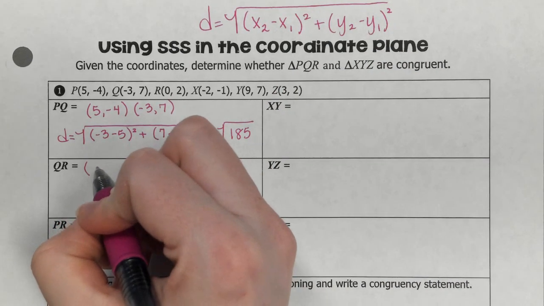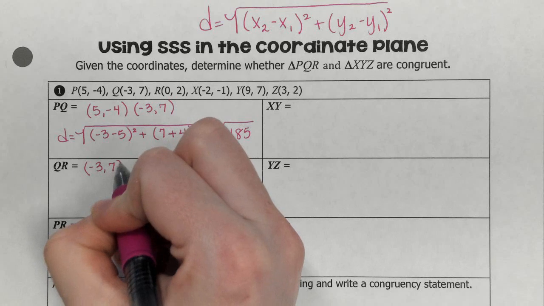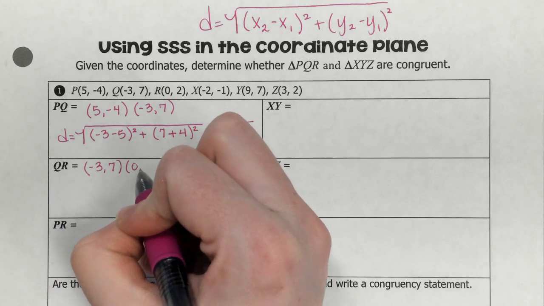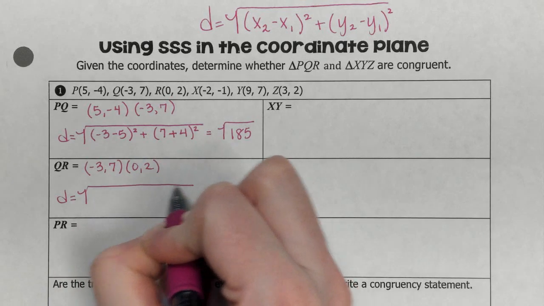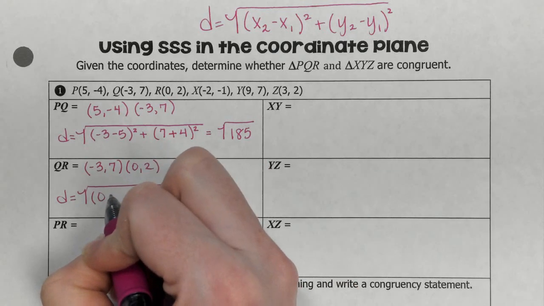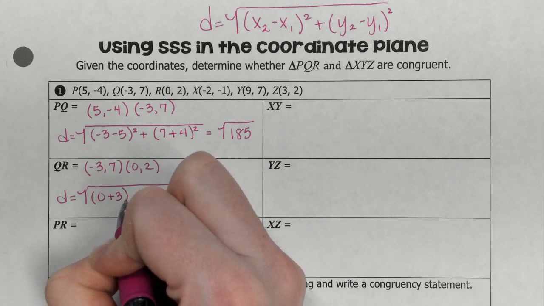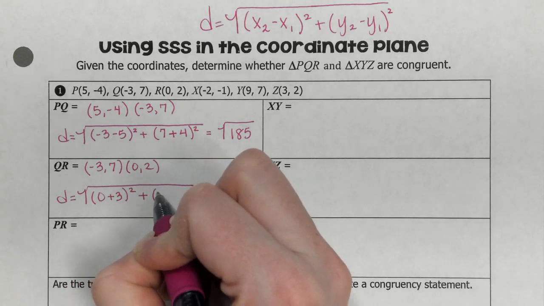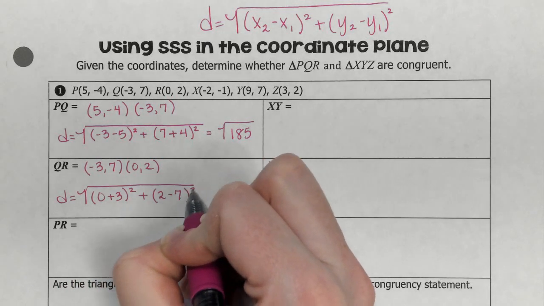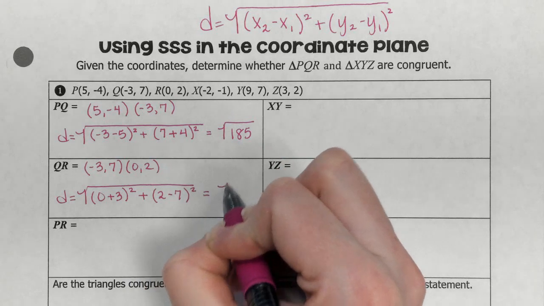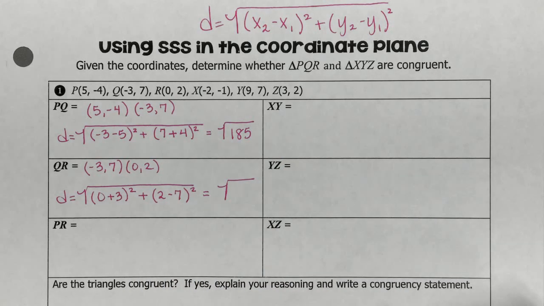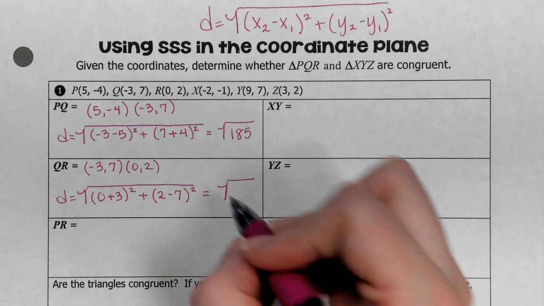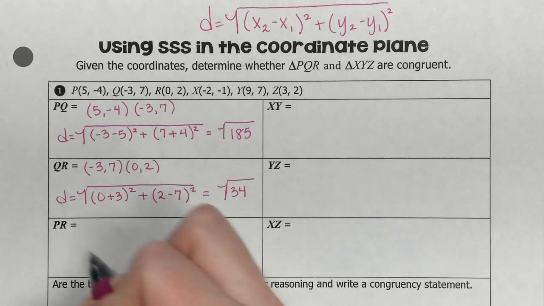So with QR, I'm going to take negative 3, 7, and 0, 2, and plug it into my distance formula. I'm going to take 0 minus a negative 3 turns to a positive 3, plus 2 minus 7 squared. So if I plug that in, I get 34.